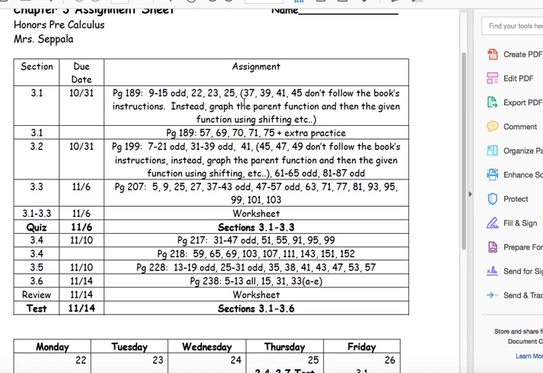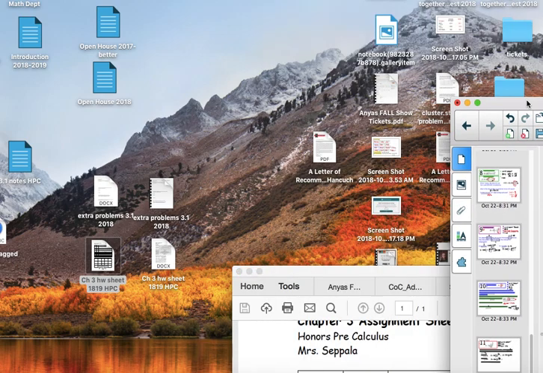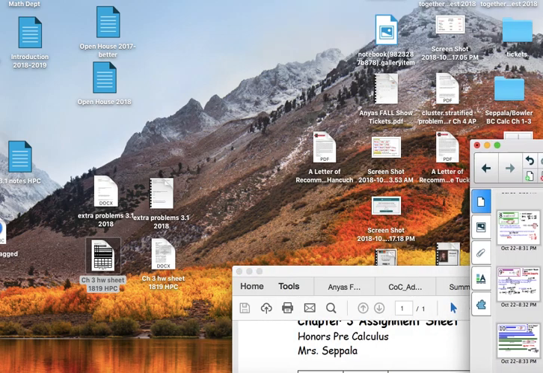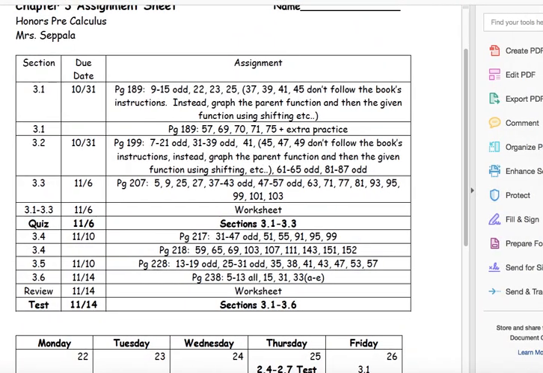Because this was just the graphing of the parent function and shifting. And then 3.1, hang on, I have a better assignment sheet, I just need to find it. The one that you're going to get a hard copy of today, and the one that's posted online, these dates are different.